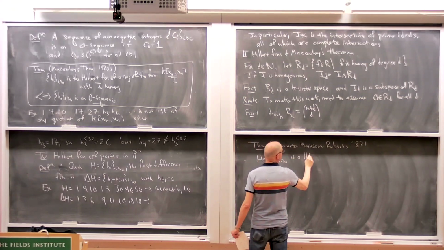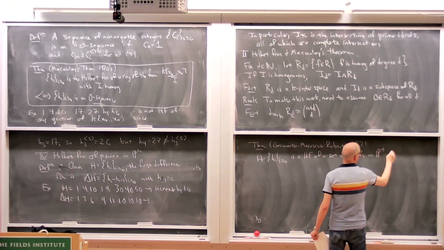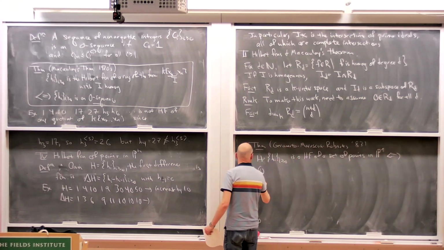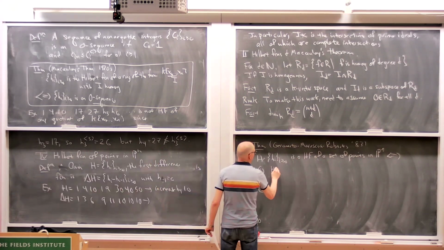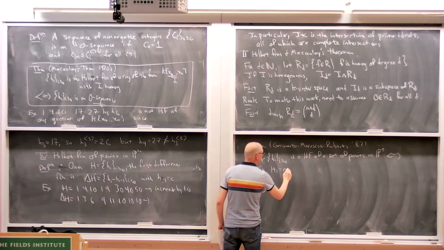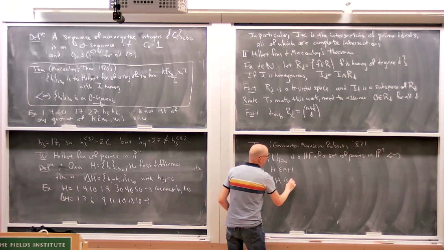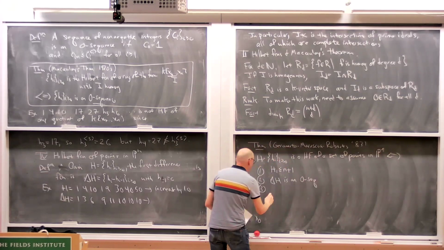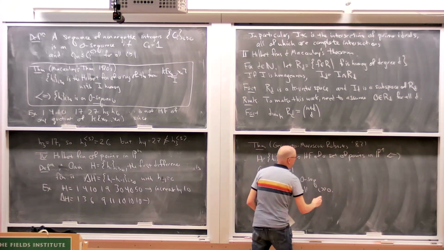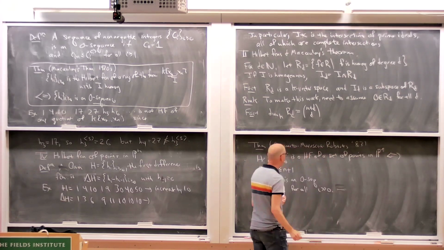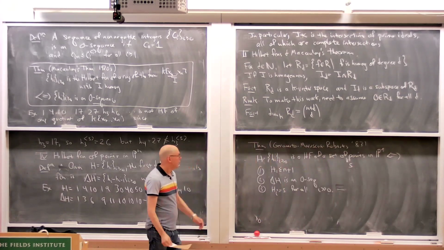H is the Hilbert function of a set of s points in Pn if and only if three conditions hold. The first is that the first value is less than or equal to n plus 1. The second is that delta H is an O-sequence itself. The third is that H_i equals s for all i sufficiently large.